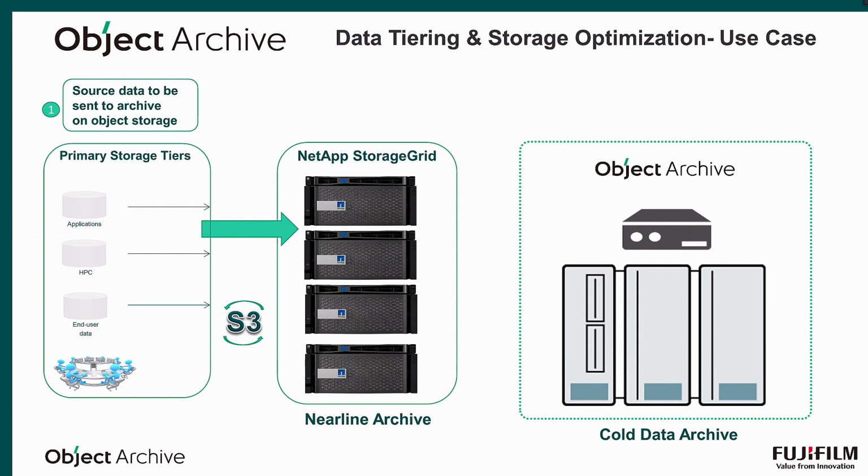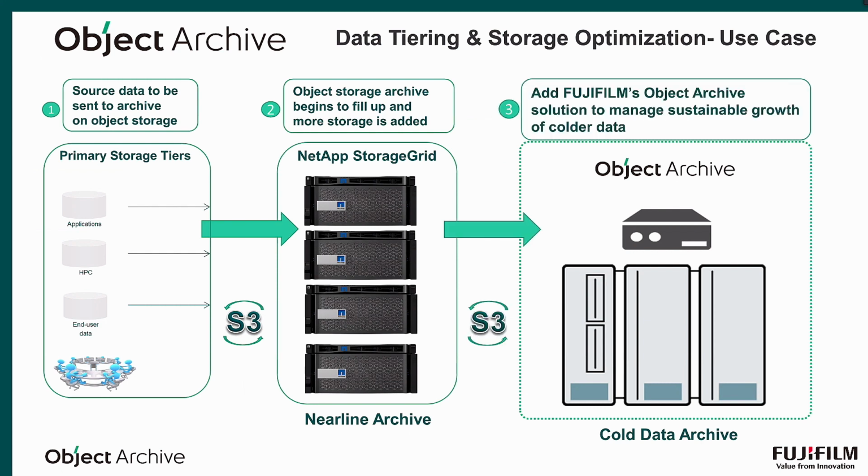This mid-tier has always represented that nearline archive for a reasonably low-cost accessible data set, but it doesn't take it to the level that some of our customers are looking for at this point. And what they're finding is that their ability to scale that nearline component of their archive is becoming harder and harder with the budget that they have. So they're looking for a way to move that data off and keep it all in a very singular presentation back to the end users.